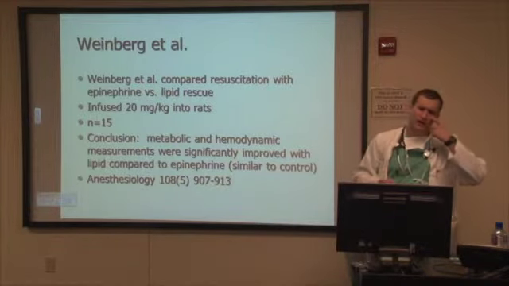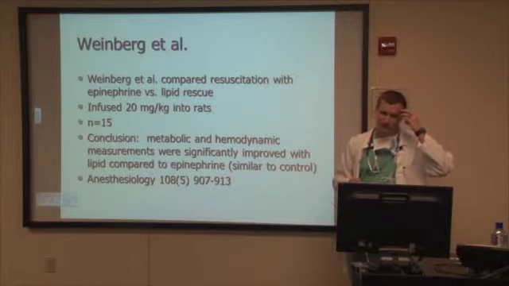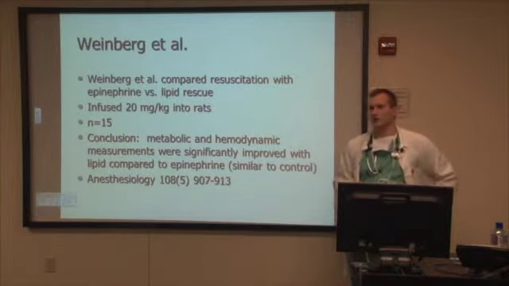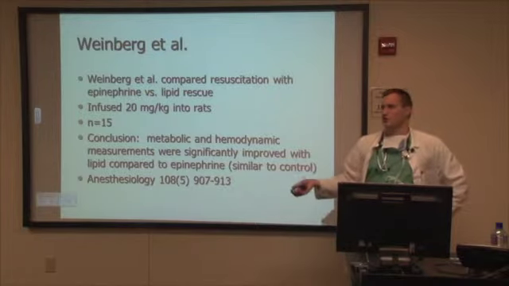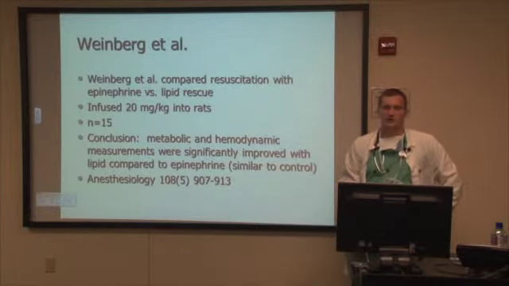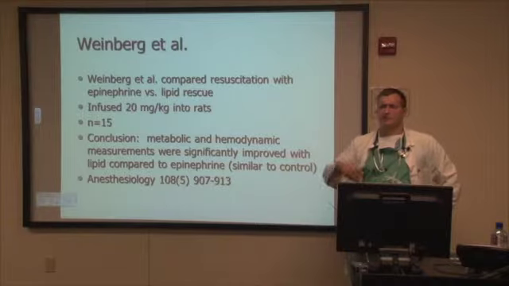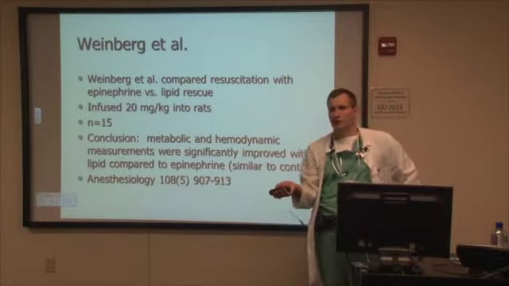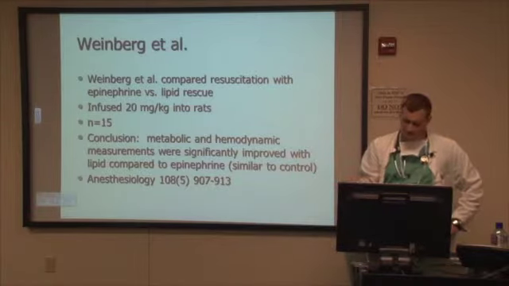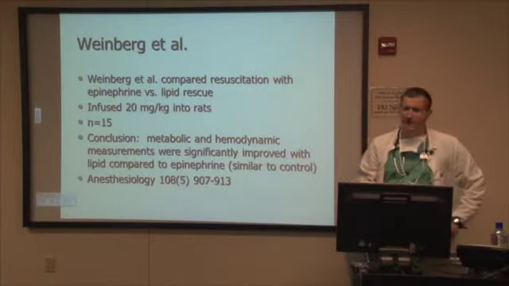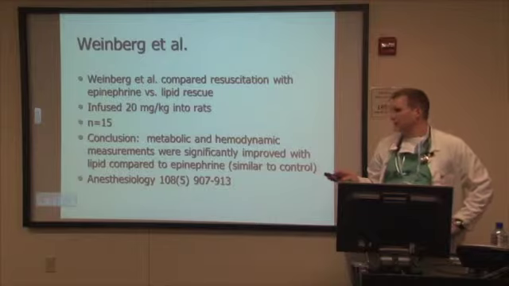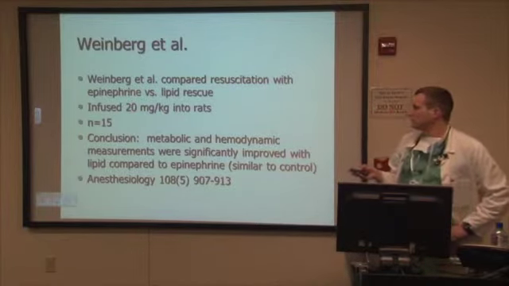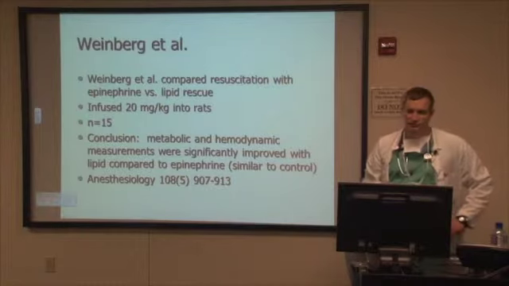So there's a gentleman in Chicago, Dr. Weinberg. He's an anesthesiologist, and he has been leading the charge in terms of intralipid and lipid rescue and what to do about bupivacaine cardiotoxicity. And he did some studies. I wish these studies were larger. 15 rats. That's not very many rats. But the point is, he started giving really large doses to some of these critters.